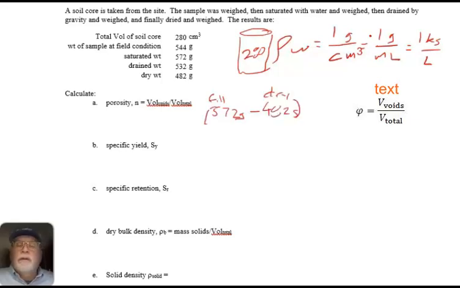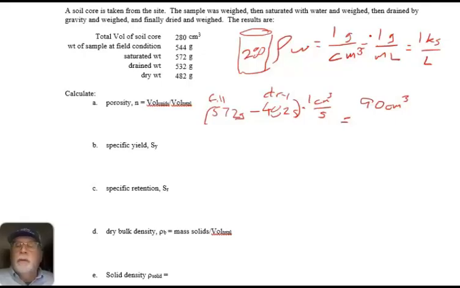So that's 90 grams. Remember, I can convert back and forth between cubic centimeters or milliliters and grams. So 572 minus 482 is 90 cubic centimeters of water was in there when it's all saturated.